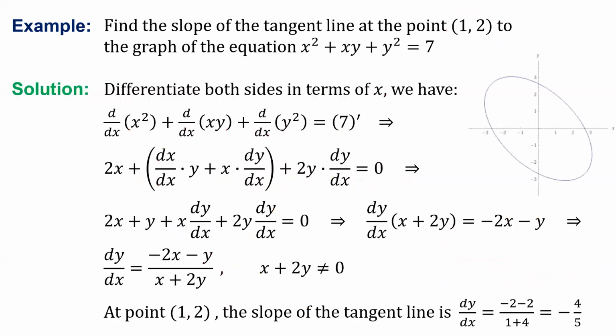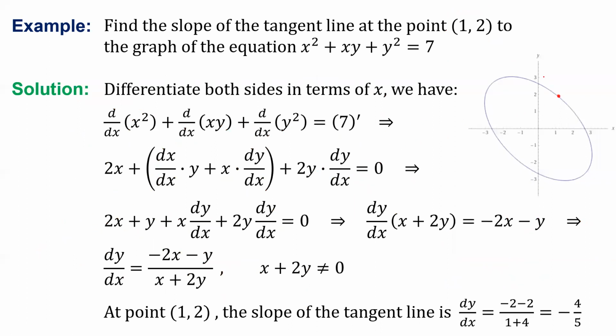Okay, so let's have a look at the solution in formal writing here. If you sketch a graph of this function, you can see the graph is actually an oval like this. So the point (1, 2) is probably here.